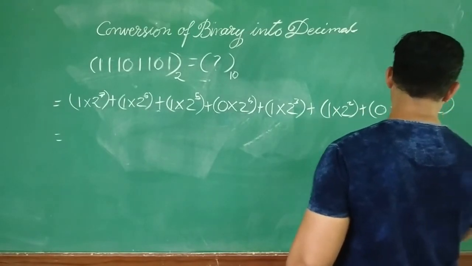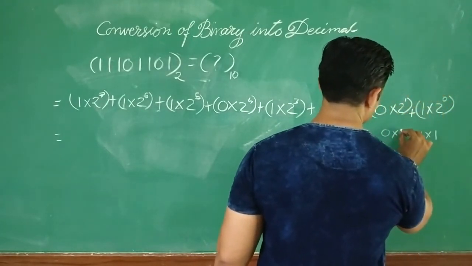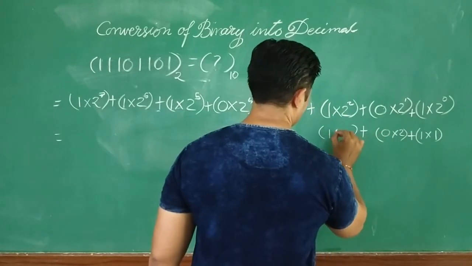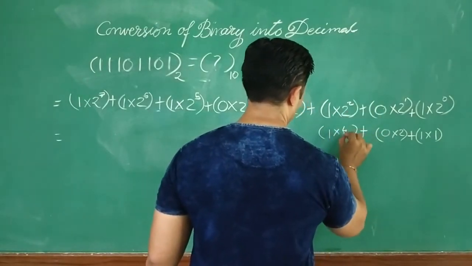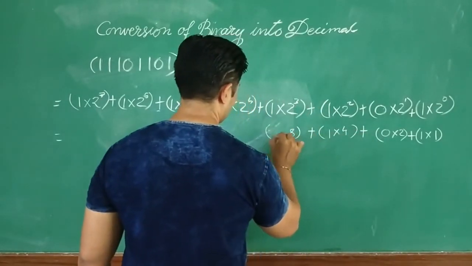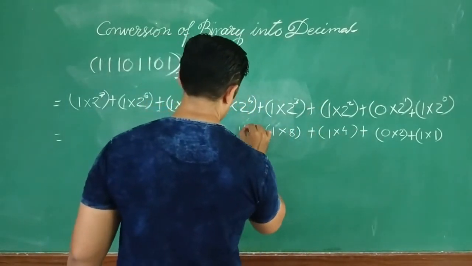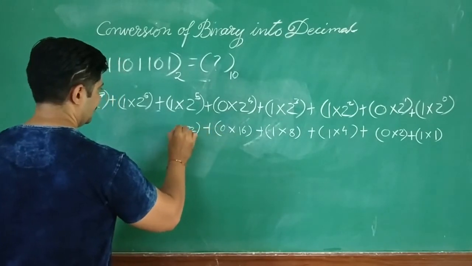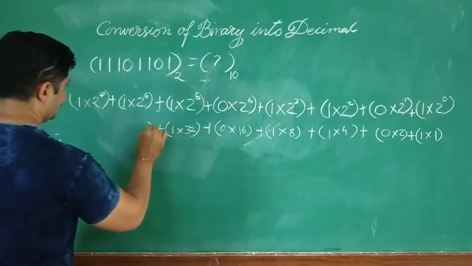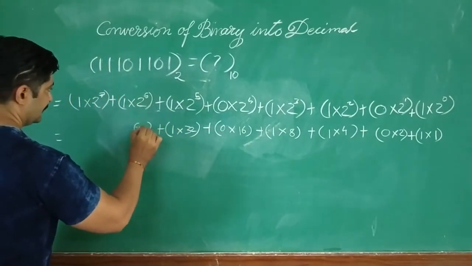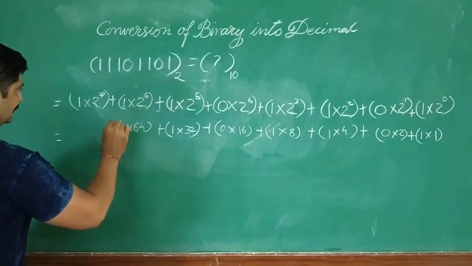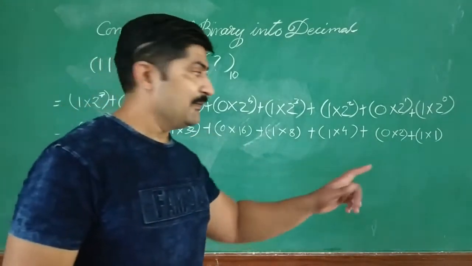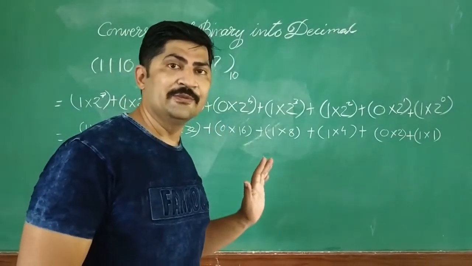1 into 1 plus 0 into 2 plus 1 into 4. Always remember that you have to start from that side to avoid any mistake.